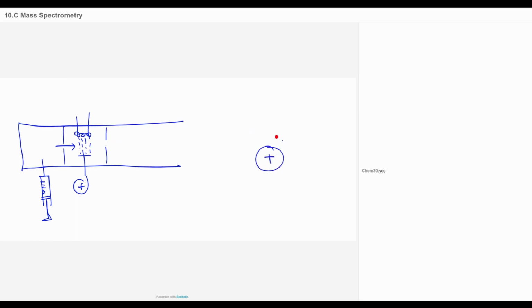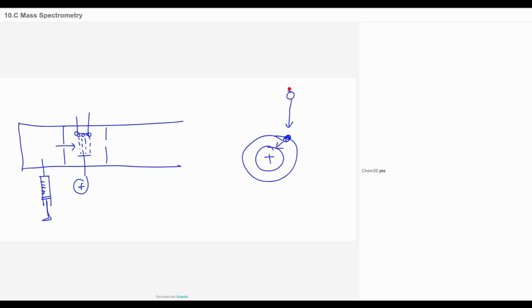For example, this can be an atom or a molecule. When the electron from the electron gun comes close to an electron of the atom or molecule, remember that the electron of the atom is attracted towards the nucleus.